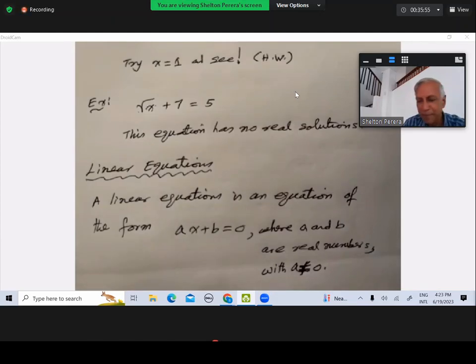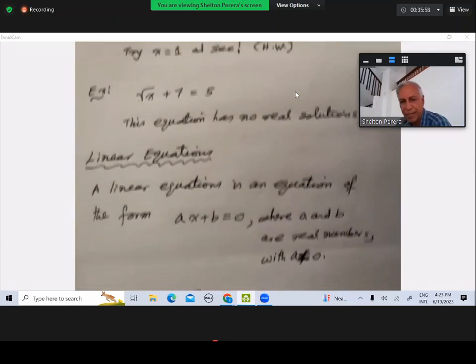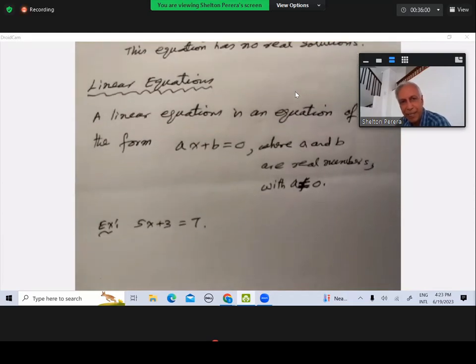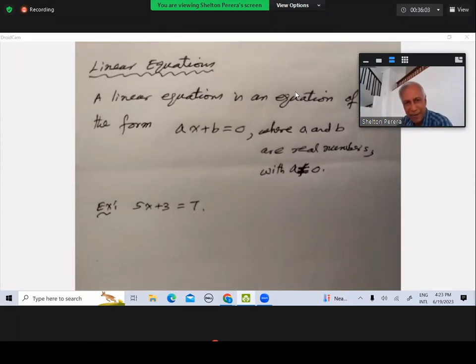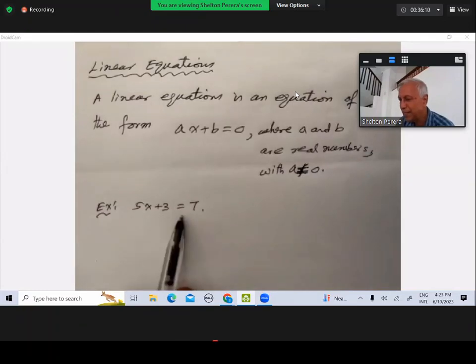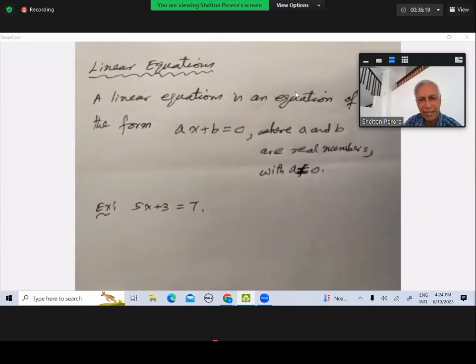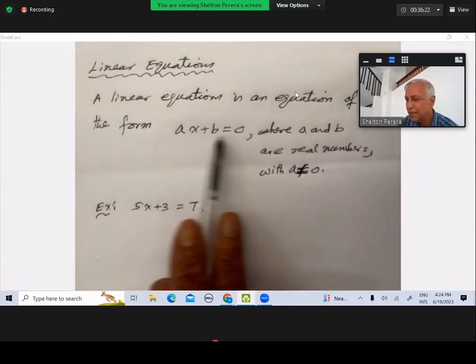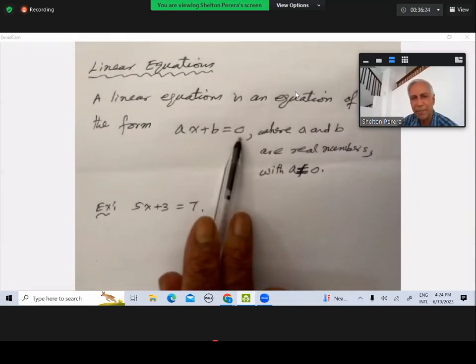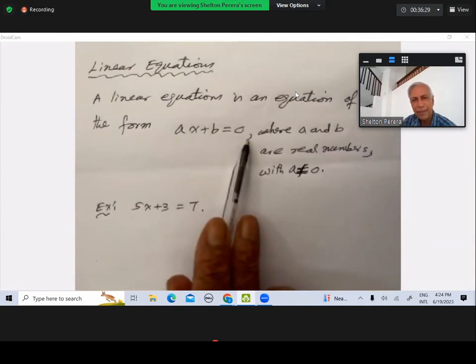Now there is something. These are trivial things, I know, but it's important to get them into your mind the proper way. This is an example of a linear equation. Why? You need to know the definition of a linear equation. Any equation in this form is a linear equation.